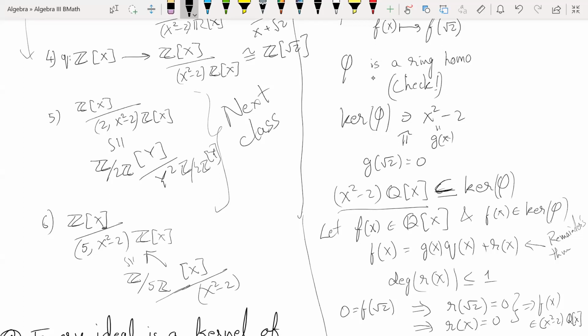I have to think whether this is an integral domain or not. Let me just think about it. 2 square is 4, 3 square is 9, 4 square. Yeah, so this is an integral domain.